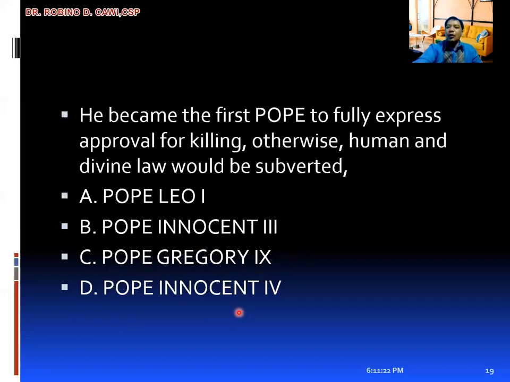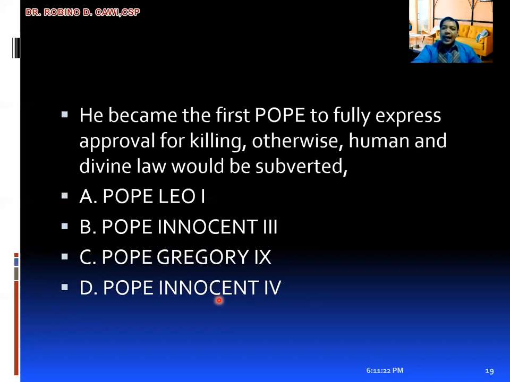But then again, he is also not that innocent. Okay? Considering the fact that Pope Innocent IV is one of the popes who introduced the use of torture in the Holy Inquisition. According to the papal encyclical that was issued by Pope Innocent IV, no admission, no confession shall be admitted if it was not obtained through torture.